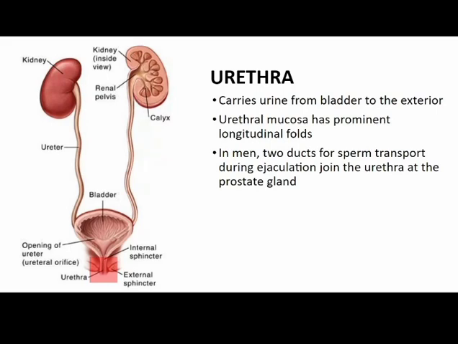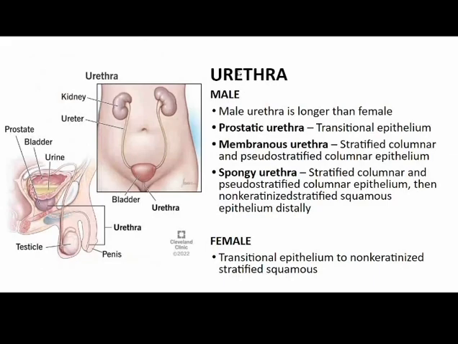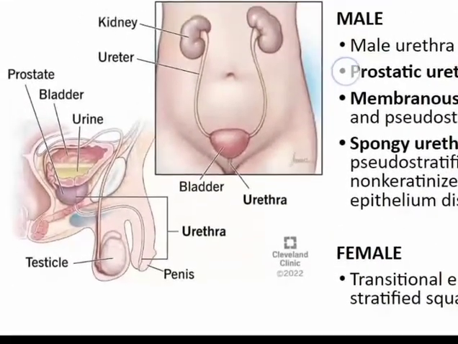Unlike in females, where the urethra is separate, in males the sperm ducts join the urethra at the prostate gland, so there is only one exit. The urethra in males is longer than in females.